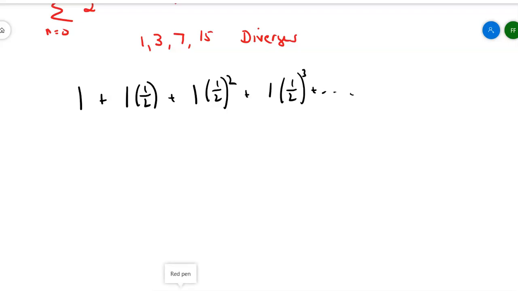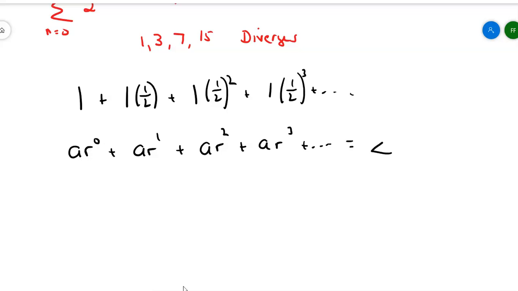Sure, I could. This would be a r to the 0 power. This would be a r to the first, this would be a r to the second, a r to the third, and so forth. Hang on to that thought, because eventually we're going to come back and take a look at it. I could sum it up like this. The sum from n equals 1 to infinity of a times r to the n minus 1.